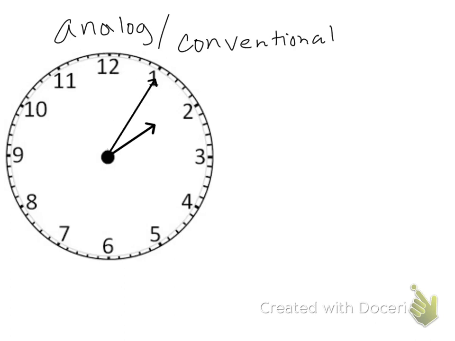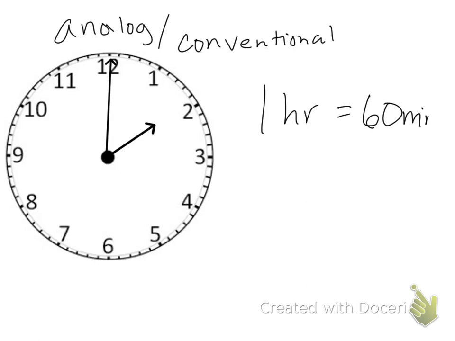Start with the 12, we go 5, 10, 15, 20, 25, 30, 35, 40, 45, 50, 55, 60. So in 1 hour, there are 60 minutes. We use the abbreviation HR for hour and MIN for minute.